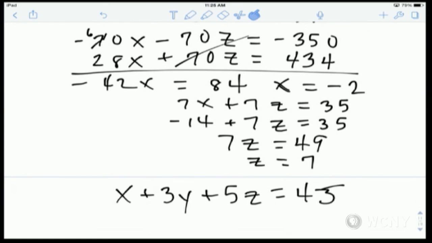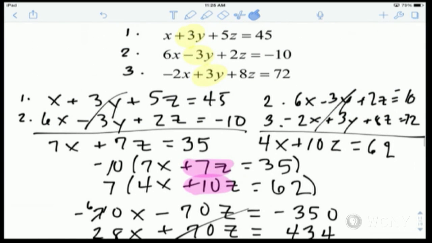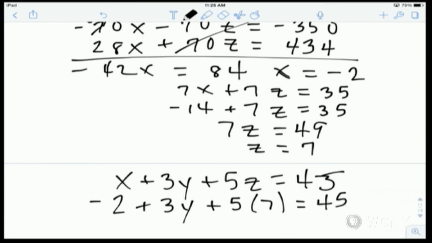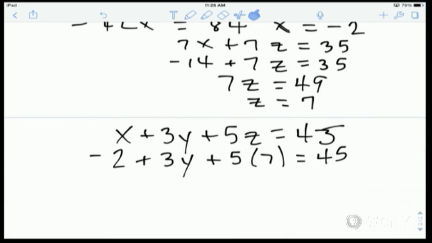Just double check that you copied it right. x plus 3y plus 5z equals 45. Okay. So I think x is negative 2. I'm going to find y. Negative 2 plus 3y plus 5 times 7 equals 45. Clean that up. Combine like terms.